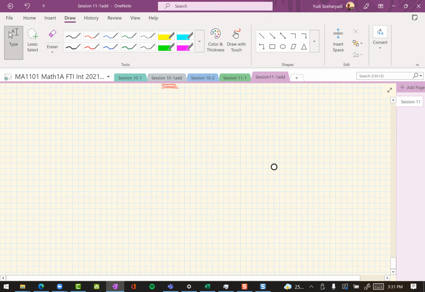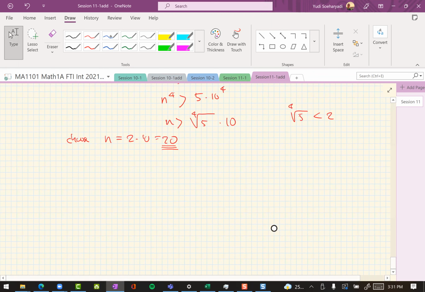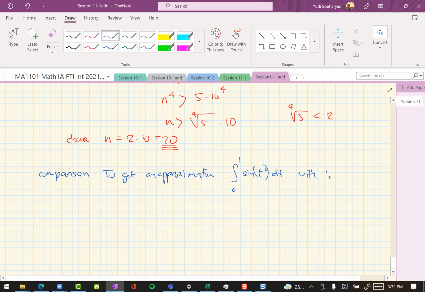So in the end, conclusions now. To get an approximation of this, with E_N less than the bound.